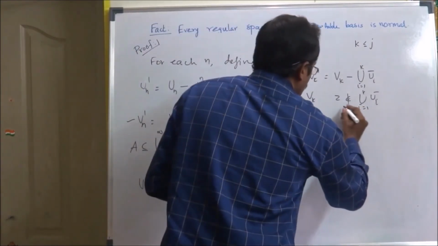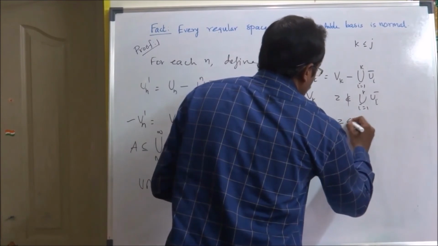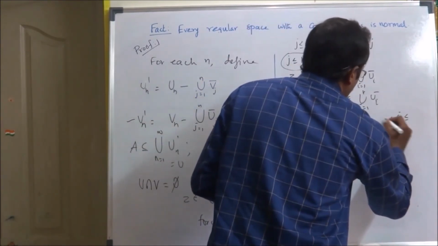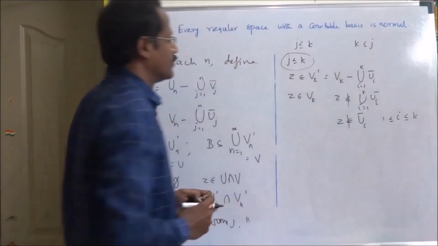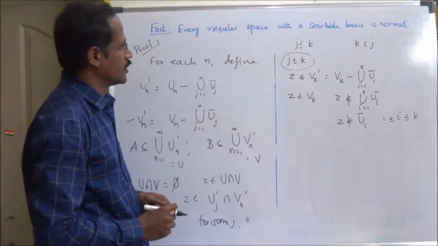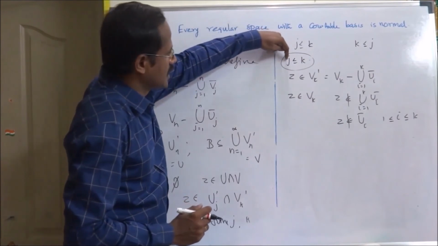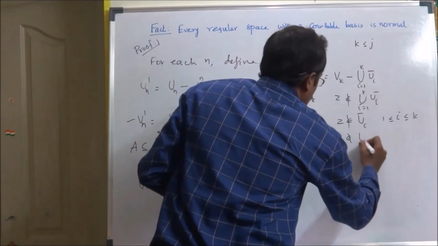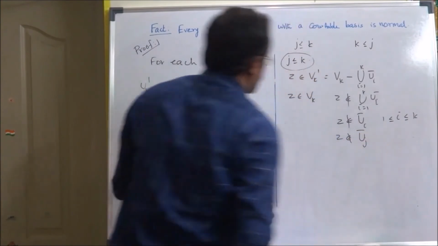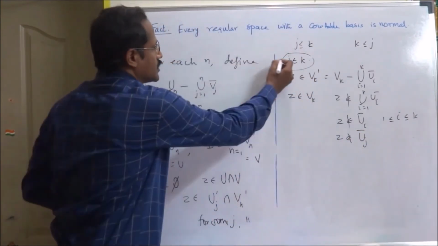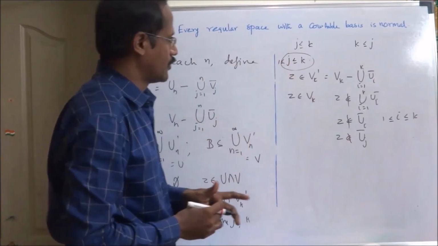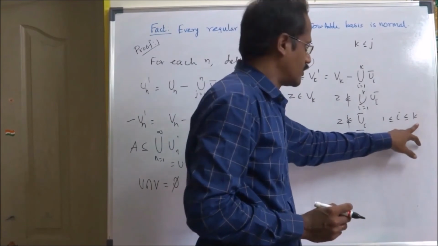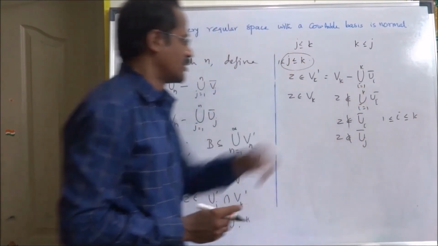This means that Z is not a point of Ui closure for every i between 1 and k. Therefore, since j is less than or equal to k, Z is not in Uj closure also. Here j satisfies 1 less than or equal to j less than or equal to k, therefore Z is not in Uj closure.